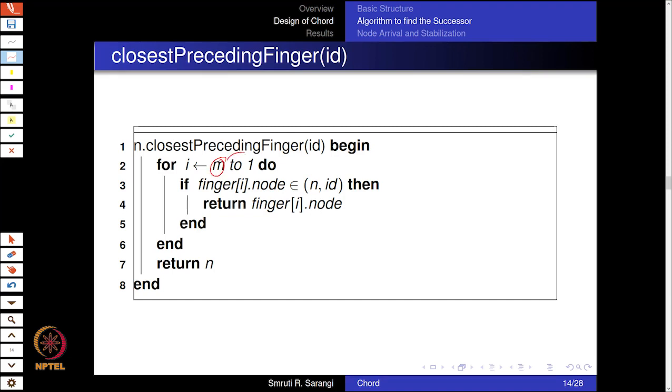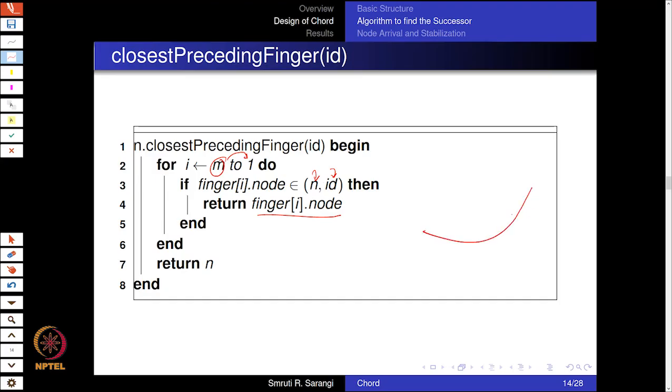So this is what I am doing in the code: I start from the largest finger and count down to the smallest. Any time that my condition holds, which means that finger i dot node, the node of finger i, is in between n and ID, the first time that it holds, I return finger i dot node. I'm done. There is a possibility that I will not find a finger i dot node that satisfies this condition.